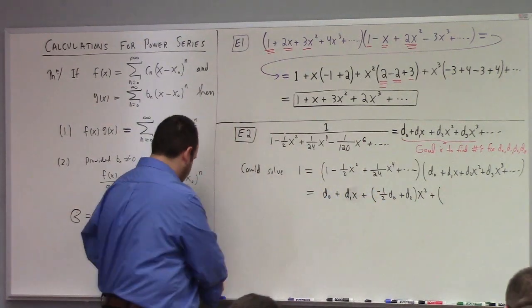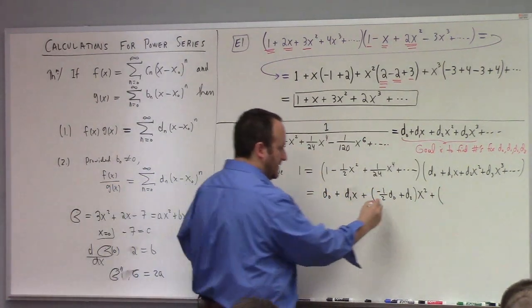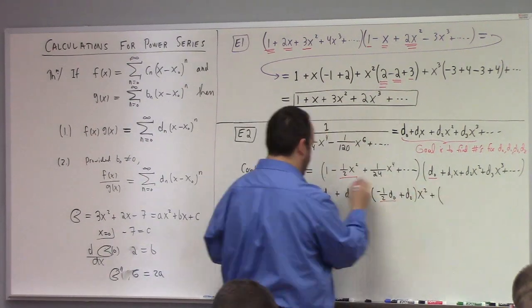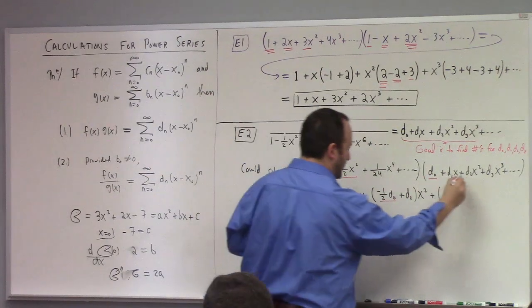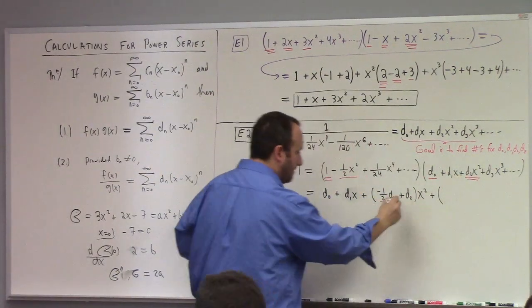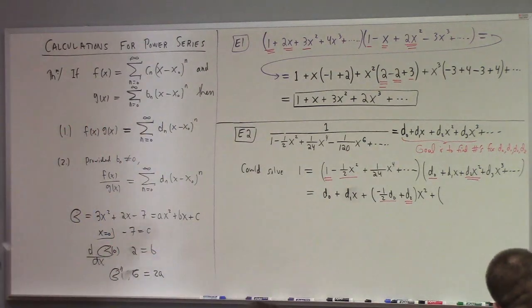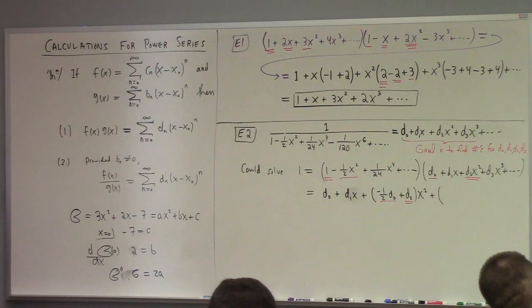See what I did there? This is coming from this times that, and then this one times that one gives me the d2. And those are the only possible ways I can get an x squared from multiplying terms in the left and right factors. Do you agree? How else might I get it, from x times x?